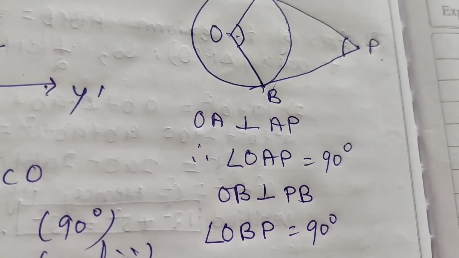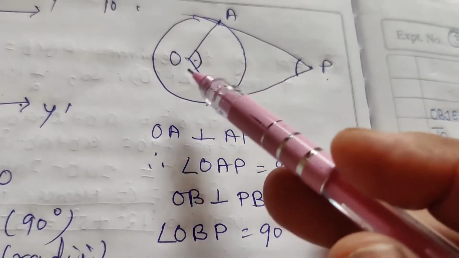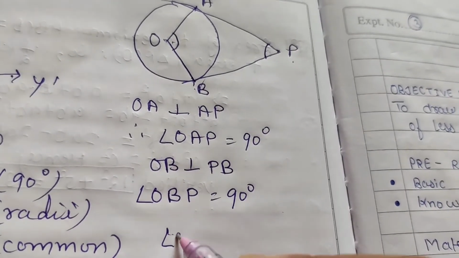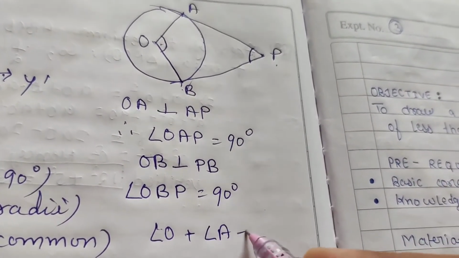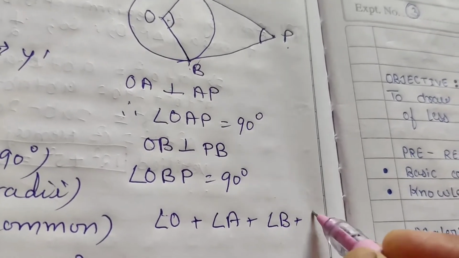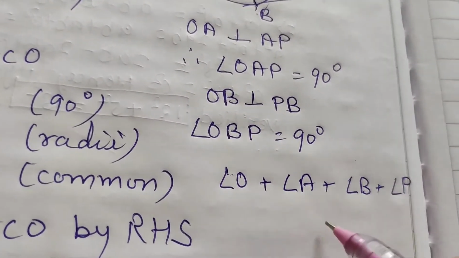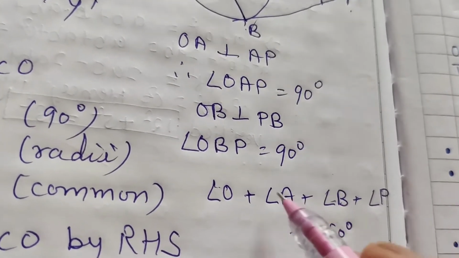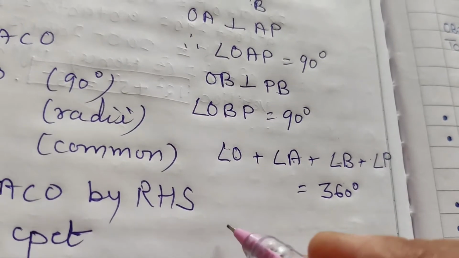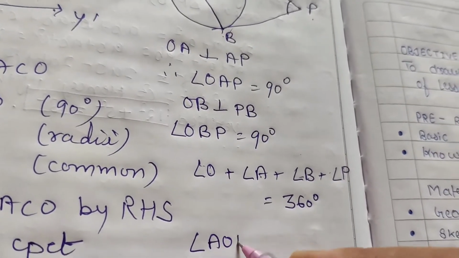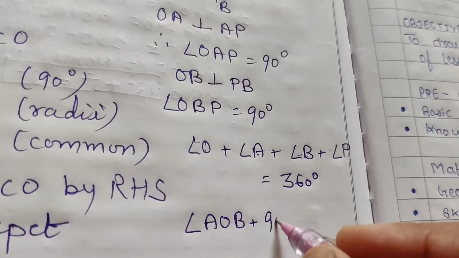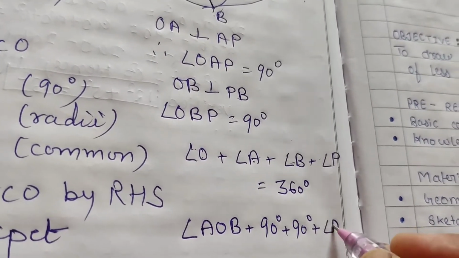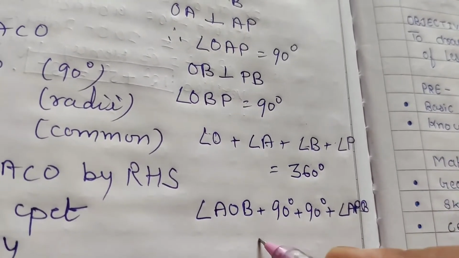In quadrilateral OAPB, the sum of all the angles of a quadrilateral is 360 degrees. Angle A is 90 degrees, B is 90 degrees, plus angle O, meaning AOB, plus angle APB equals 360 degrees.